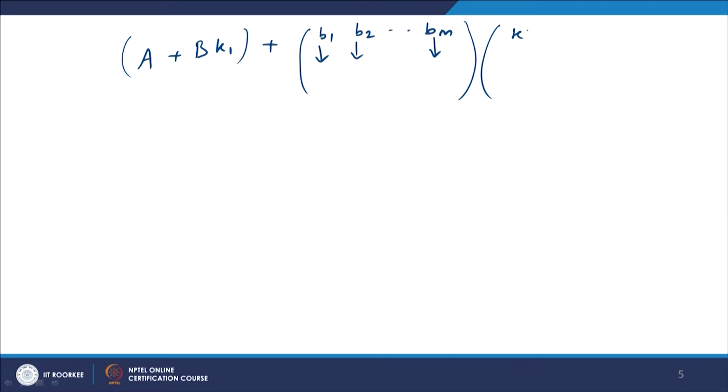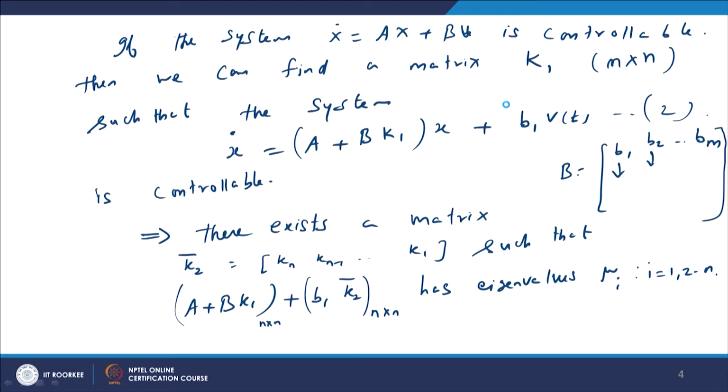So, let us take K2 bar as the first row, and the remaining rows are all 0. We take a matrix like this, it is an M cross N matrix, it is N cross M. Ultimately, because all the second, third rows are 0, the product will give the same effect as B1 into K2 bar.